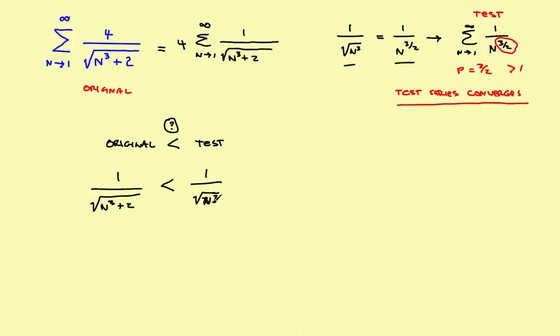Now in this case, no matter what number I pick for n, when I cube it and take the square root of it, it's going to be always a little bit smaller than what I pick over here. So if I pick that same number and add something to it and then take the square root of it, then this denominator here will always be just a little bit bigger than this denominator here.